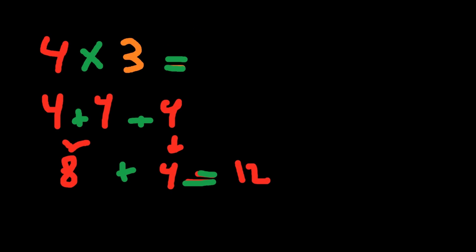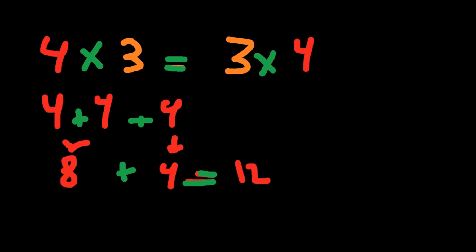Well, you can actually also do it the opposite way around. You can go 3 times 4 and you will still get the same exact answer. First of all, let's go 3 times 4. So we're gonna have 4 3s.